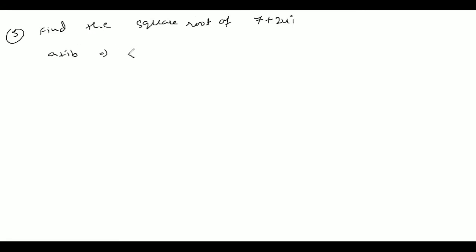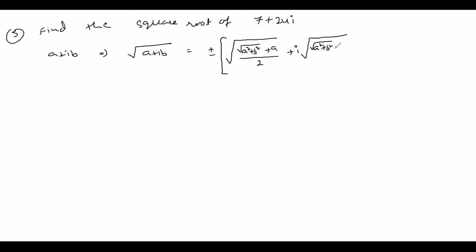To find its square root, root of a plus ib equals plus or minus of root over a square plus b square plus a by 2, plus i into root over a square plus b square minus a by 2. This is the formula to find the square root of any complex number.